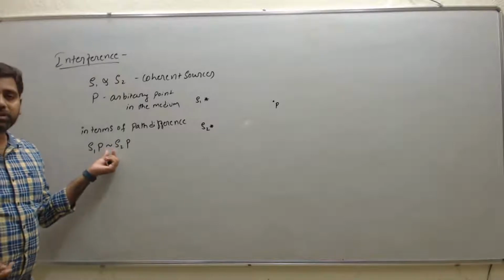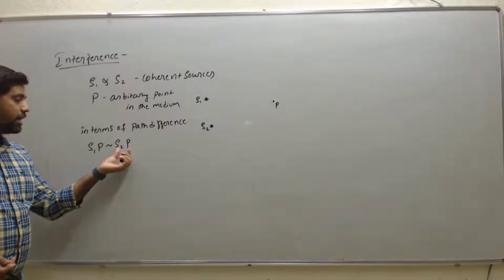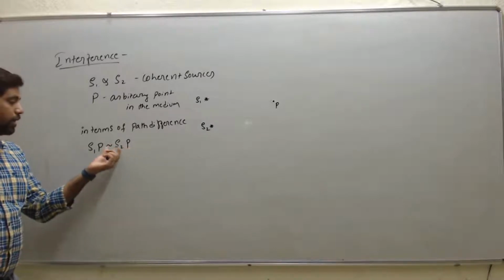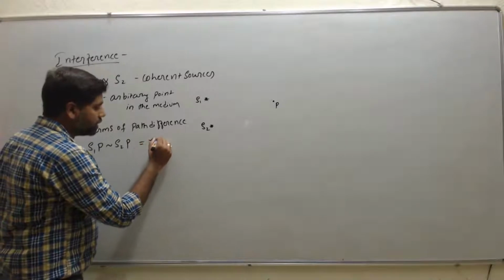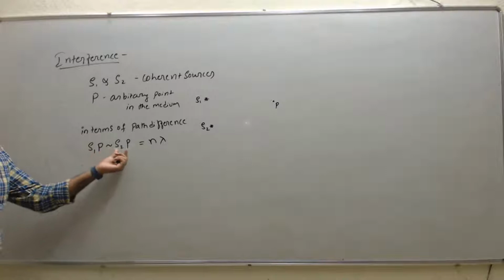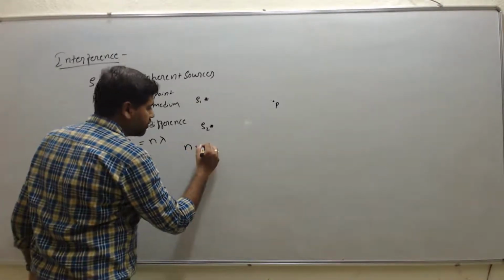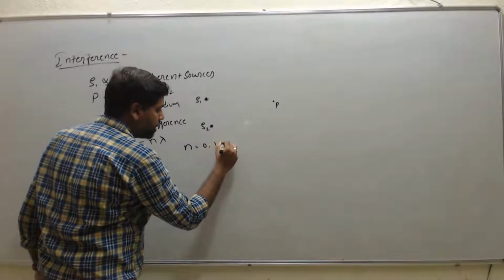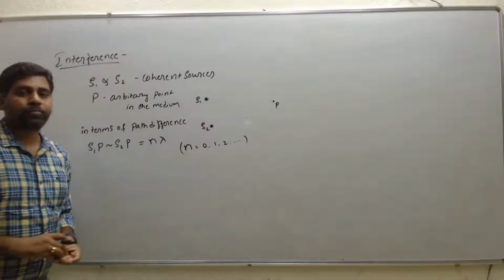So what does this symbol represent? The difference. Difference means either S1P minus S2P or S2P minus S1P, that is equal to n lambda. So S1P difference of S2P is equal to n lambda, where n is the integer, whose values range from 0, 1, 2 up to n.